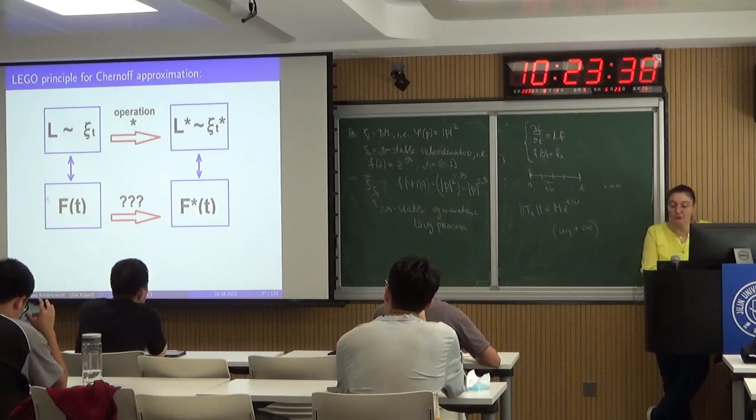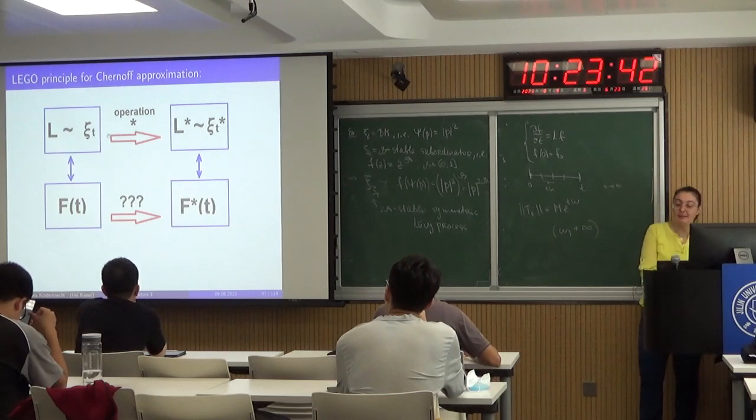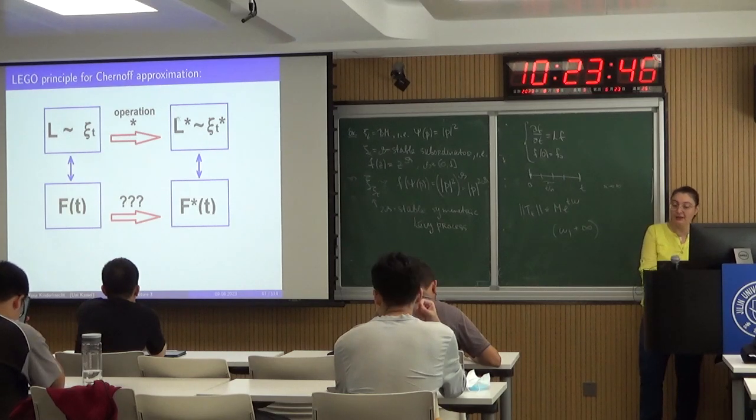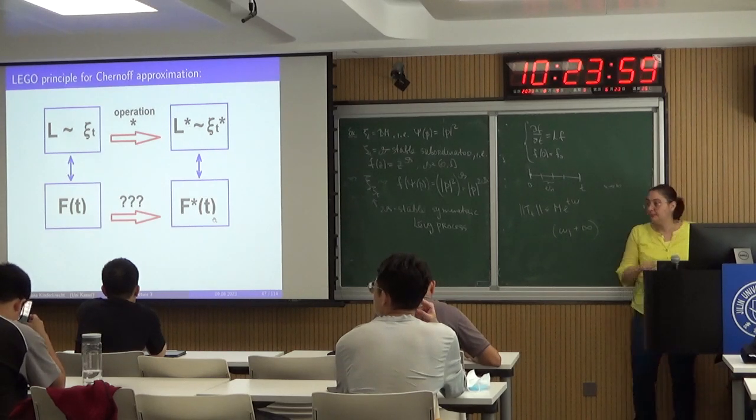So we know the corresponding family which is Chernoff equivalent. Then we make some operation on the operator and obtain another operator and hence another semigroup, probably a more advanced semigroup. And then the question is how to obtain the Chernoff approximation for the new semigroup.